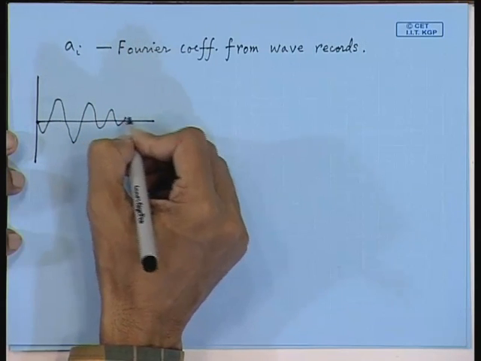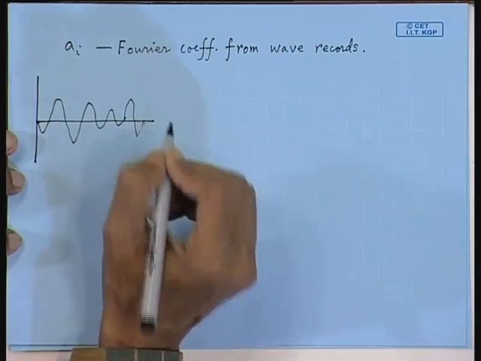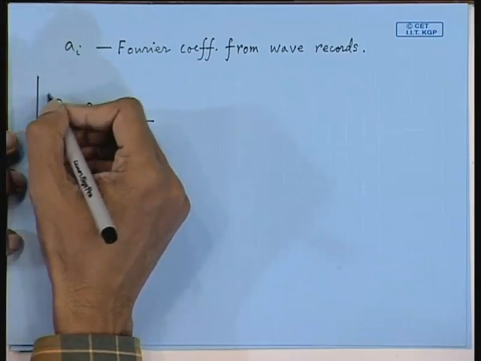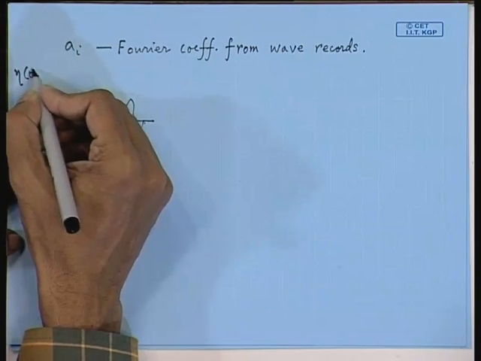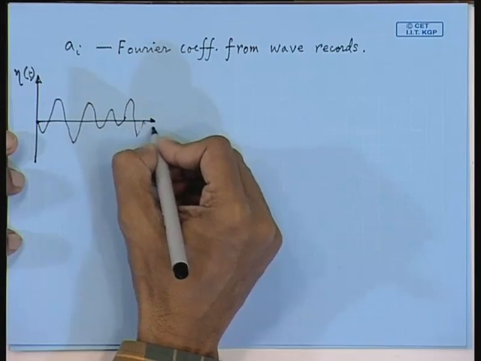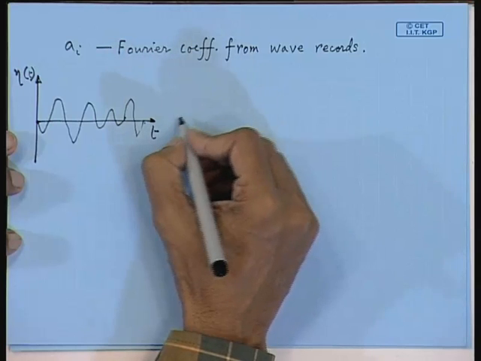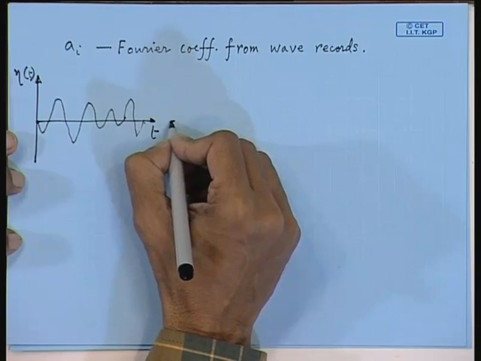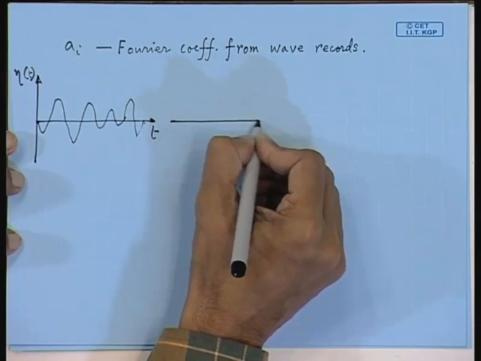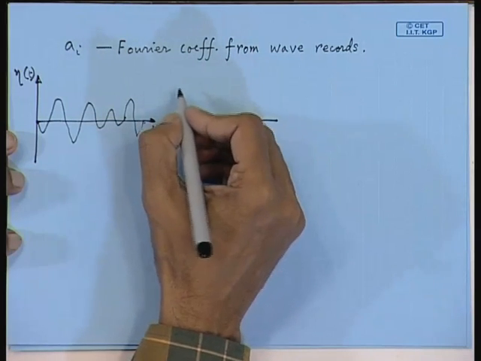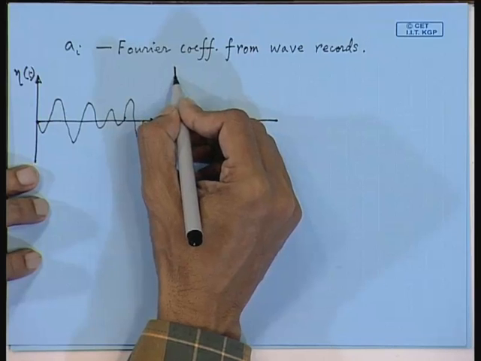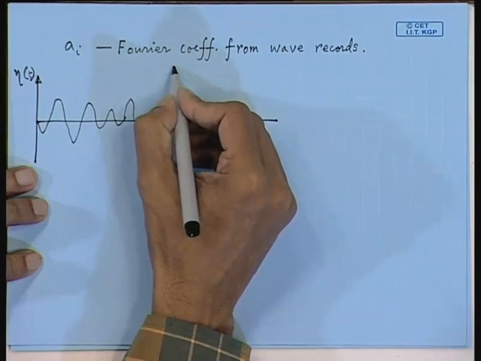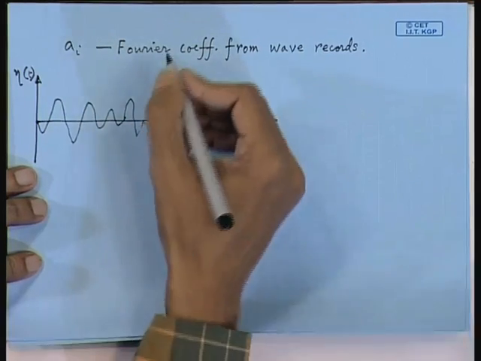Now, there will be two graphs you will find. One will come for amplitude, which we will shortly see is following a definite distribution. This is your amplitude profile.